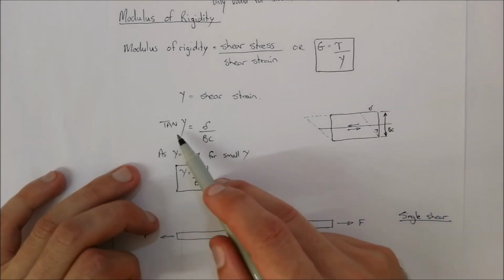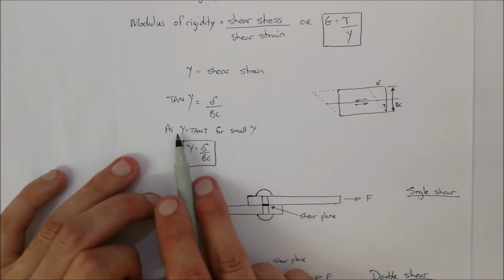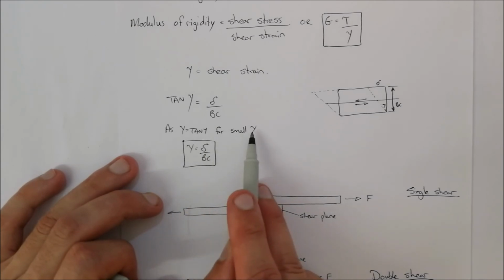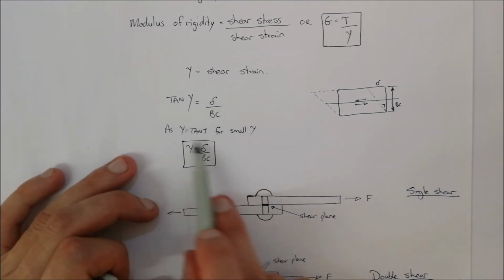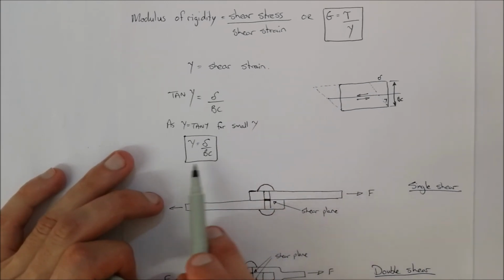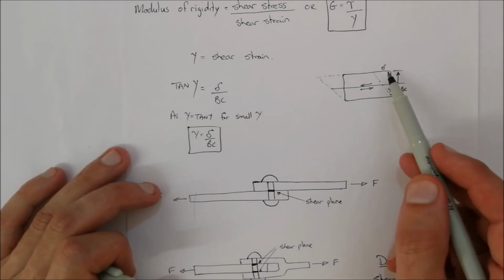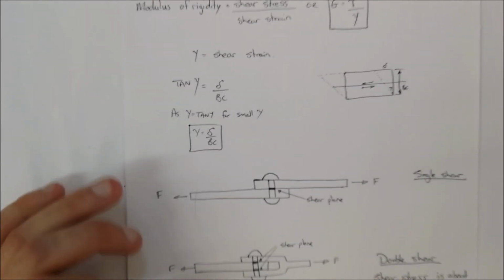Now, for small values of that angle, remember these angles are in radians for this equation to be valid, we can say that that angle in radians is equal to that change over there over BC.